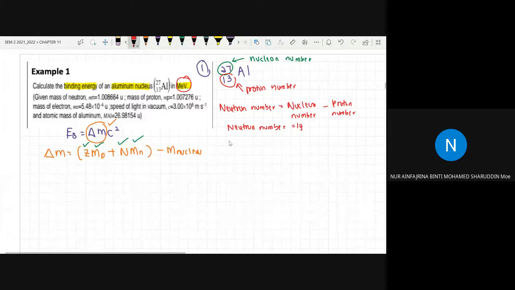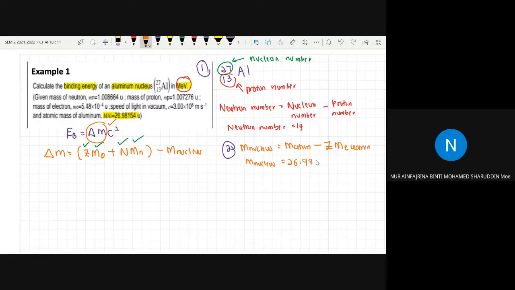Okay, this is your second step. So, how do you find the mass of nucleus? Very good. Mass of atom minus number of electrons times mass of electron. So, what is the mass of your atom? Given, 26 point, take everything, don't round off, 26.98154.